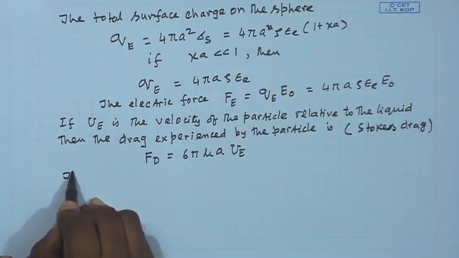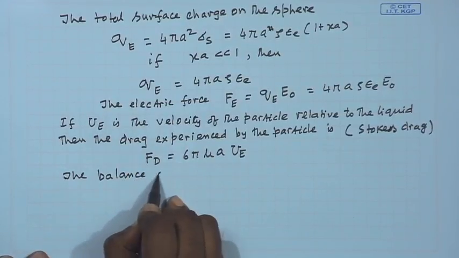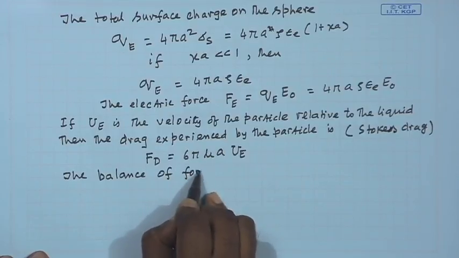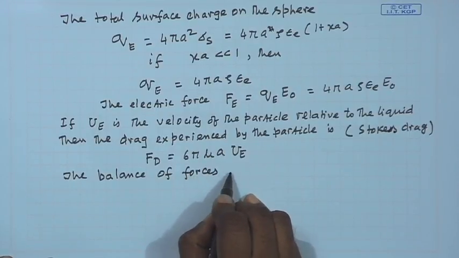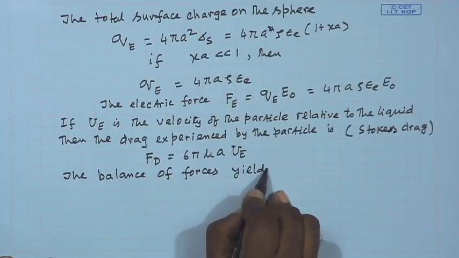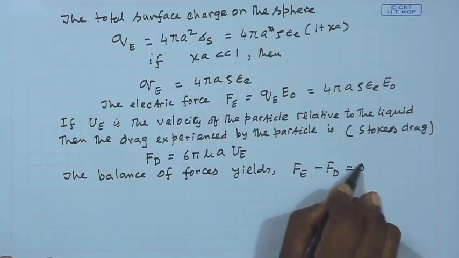So, the balance of forces yields F e minus F d equal to 0.